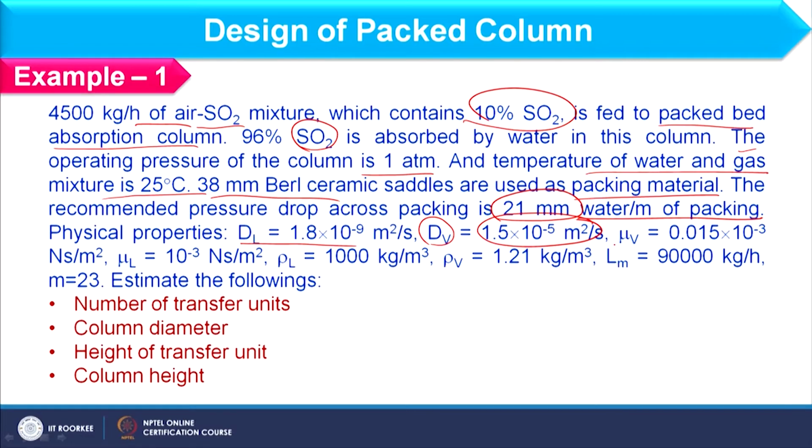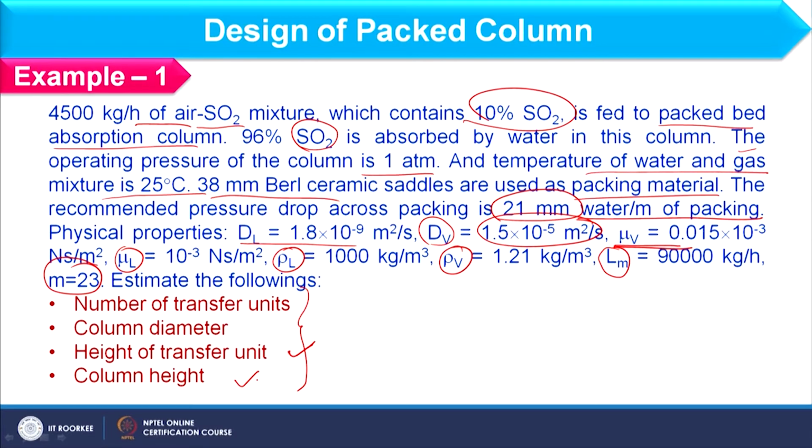Further, we have physical properties like mu V, the viscosity of the vapor, viscosity of the liquid, density of the liquid, density of the vapor, and here we are given Lm, the liquid mass flow rate, around 90,000 kg per hour, and m is given as 23, the slope of the equilibrium line. What we have to estimate are number of transfer units, column diameter, height of transfer unit and column height.